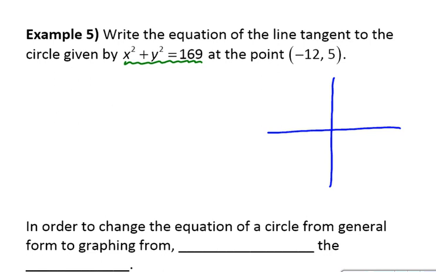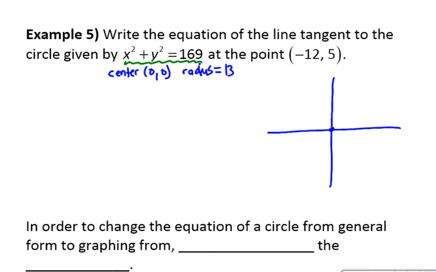So what's the center? What's my h? What's my k? Okay, so you're right. The center is going to be at 0, 0, and my radius is going to be the square root of 169, which is 13.